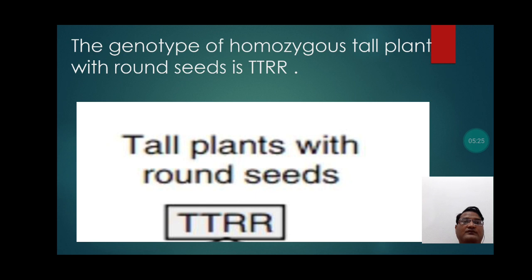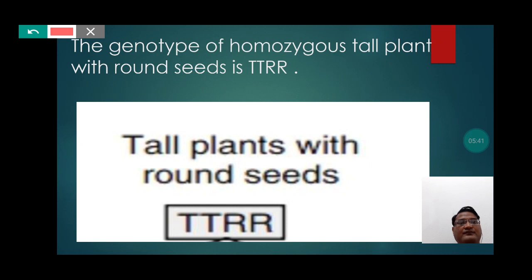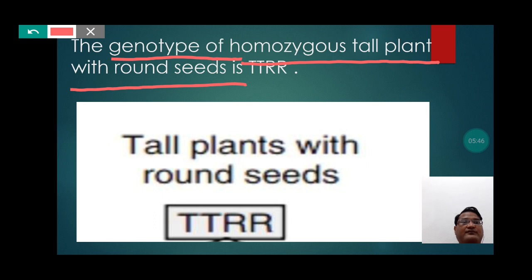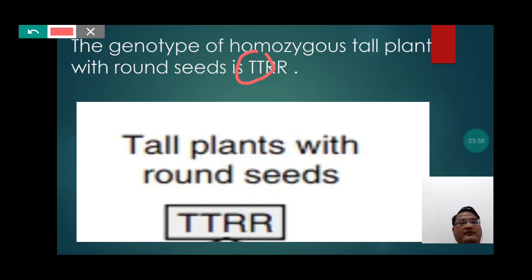The genotype of homozygous tall plant with round seeds is TT and RR. So students, in this picture we can clearly understand that the genotype for homozygous tall plant with round seeds is capital T and capital R. So students, here also it is represented in this picture.